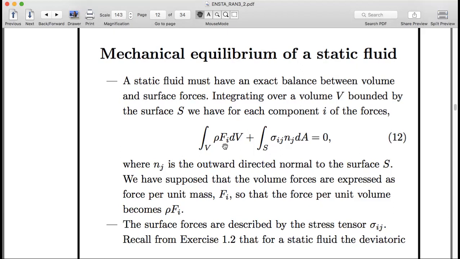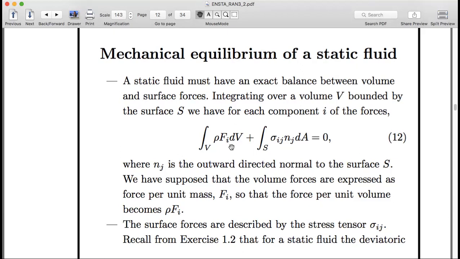This is just differential and integral calculus notation for breaking that sum up into an infinite number of little volumes of size dV, infinitesimal volume dV, and doing a sum over that whole volume. Most of you, of course, have studied this, but if you haven't, you need to brush up on your differential and integral calculus.